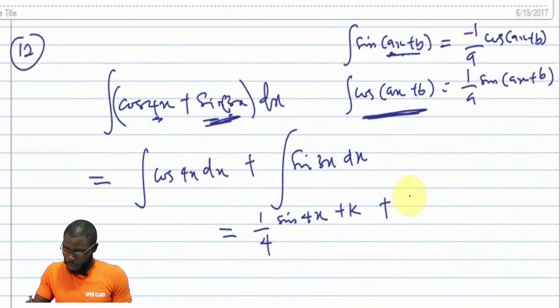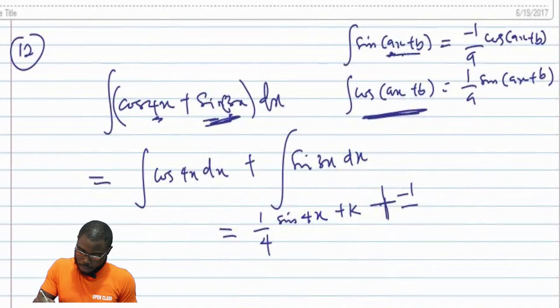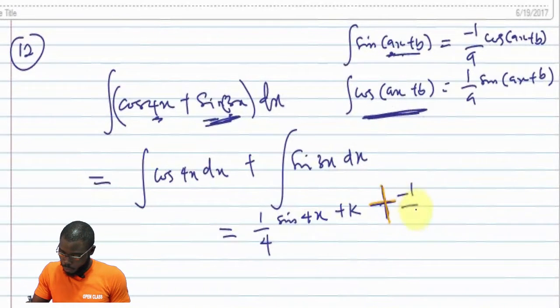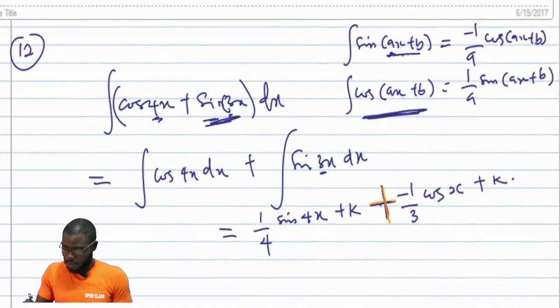Plus, if you integrate sine 3x, you have minus 1 over 3 cos 3x, with an arbitrary constant k.